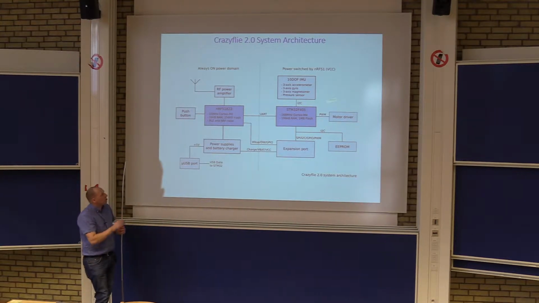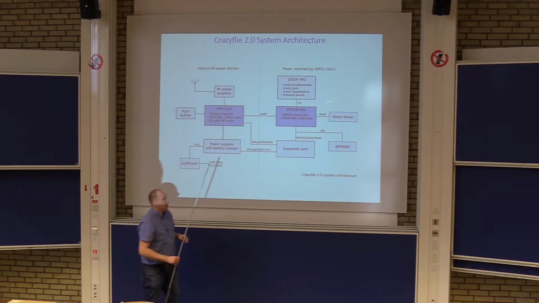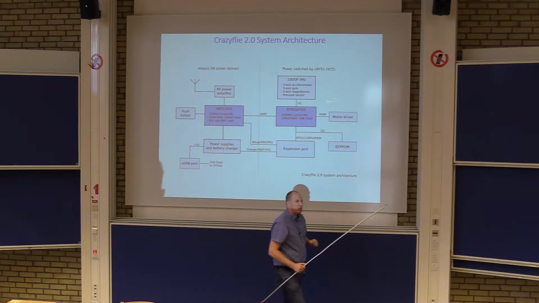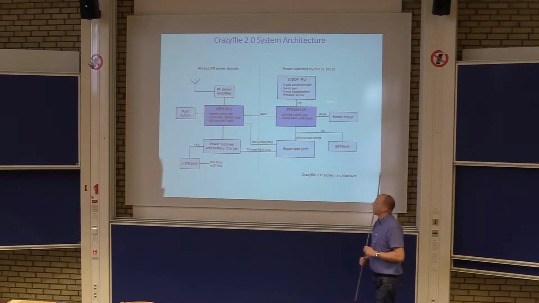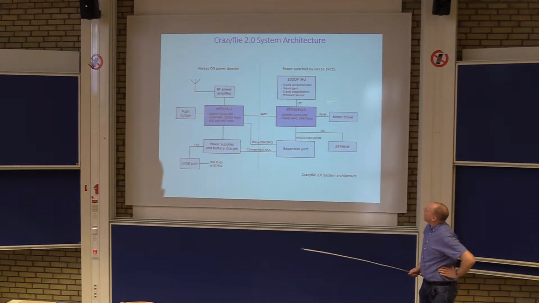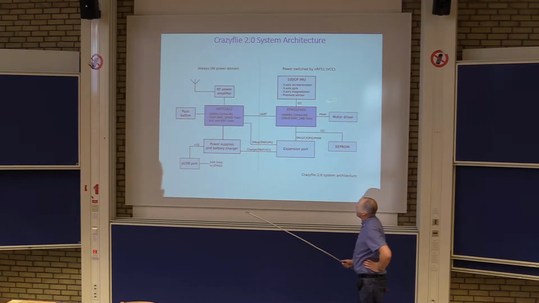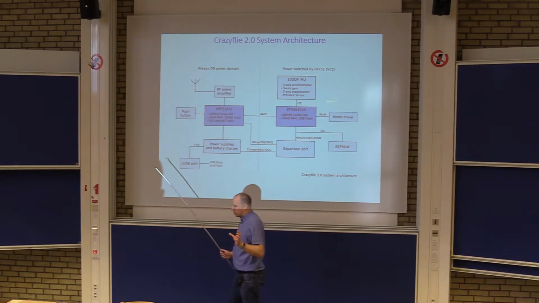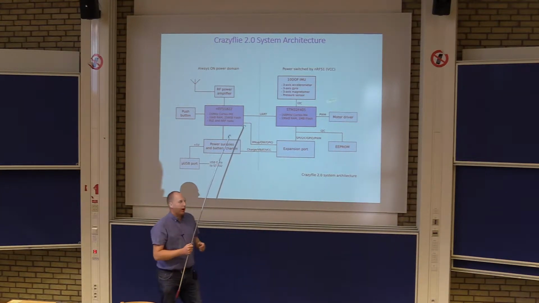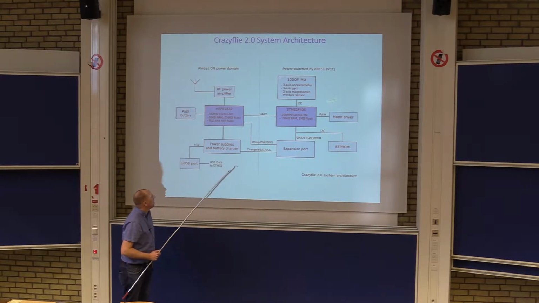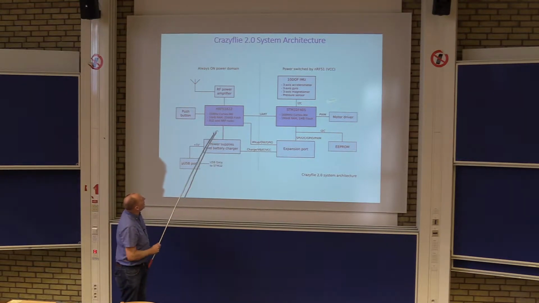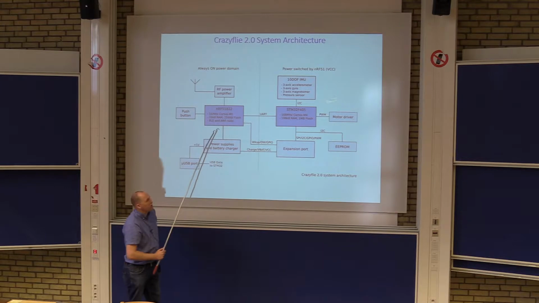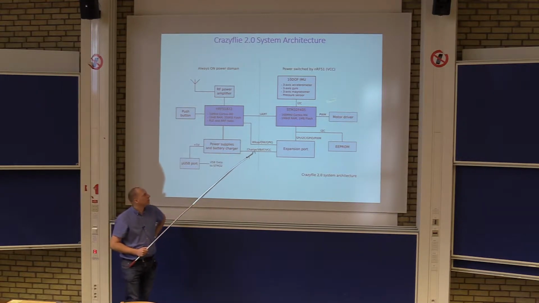So I just wanted to start to talk a little bit about the architecture of the Crazyflie. If you go to the Crazyflie website, you find this picture that shows what is on the circuit board, which is the frame of the quadrotor. In the dark blue, you have the two main processors.